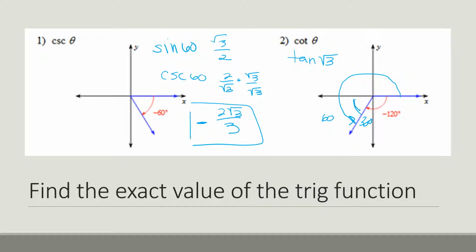But the cotangent is the inverse of that, so 1 over root 3, and if I rationalize, it'll be root 3 over 3, and tangent is positive in this quadrant, so is the cotangent.